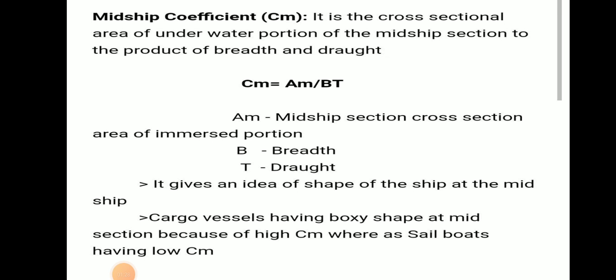This midship coefficient gives an idea of the ship's shape at midship. Cargo vessels have a boxy shape at the midsection because of a high midship coefficient, whereas sailing boats will have a low midship coefficient.